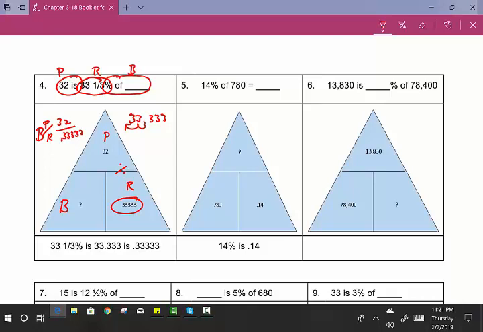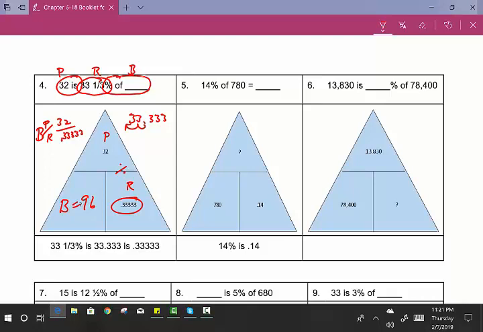If you round it to the nearest whole, that one is 96.00096. So we're going to round this one to the nearest whole number. And so your base is equal to 96. So therefore, 32 is 33 1/3% of the whole piece of the pie, which is 96.